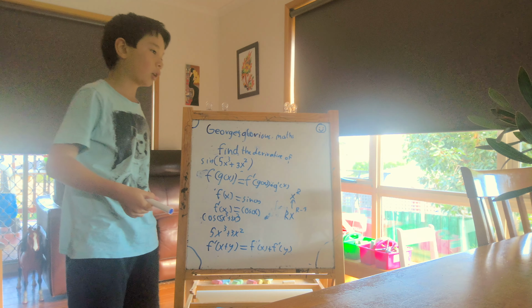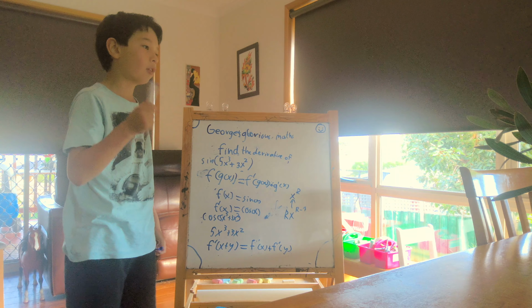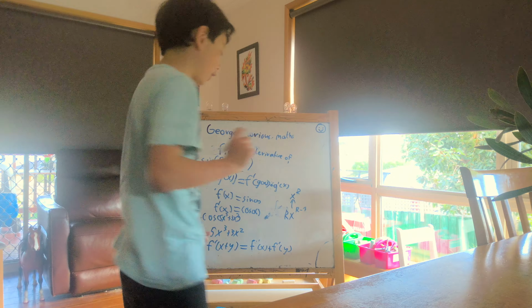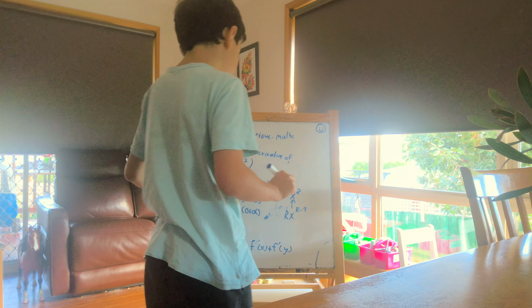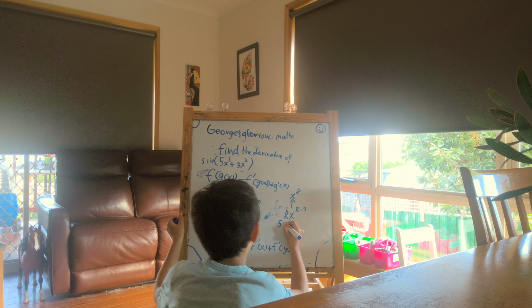And this doesn't just work when there's only x there. It could be 3x to the k, 5x to the k, 6x to the k. You get it?